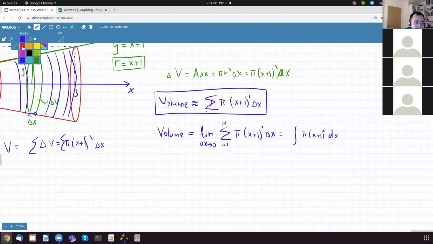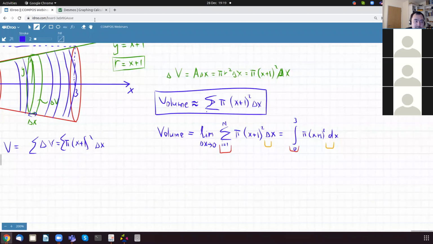So what happened? The sigma turned into the integral, and the delta turned into d. And of course we need the integral limits from 0 to 3.